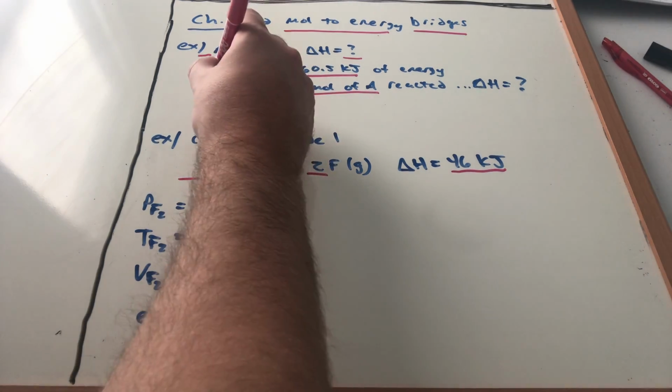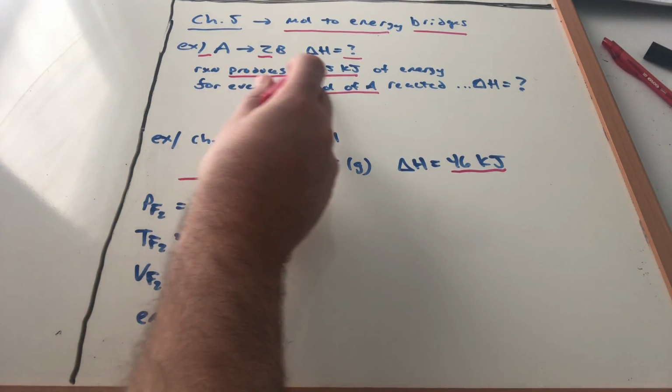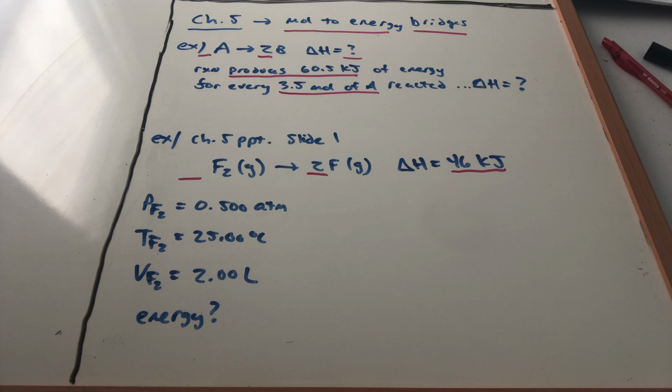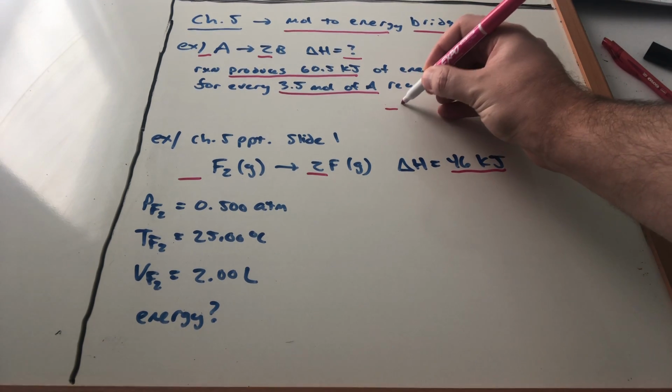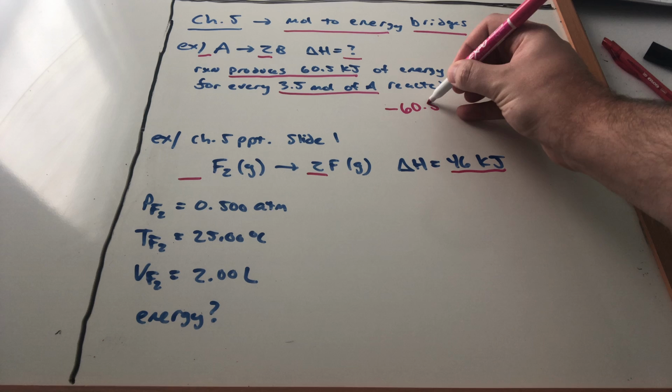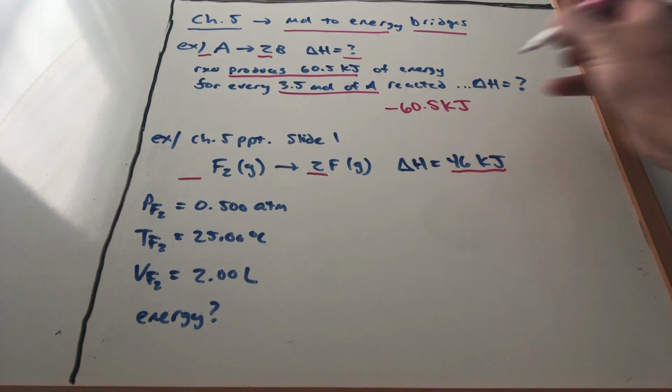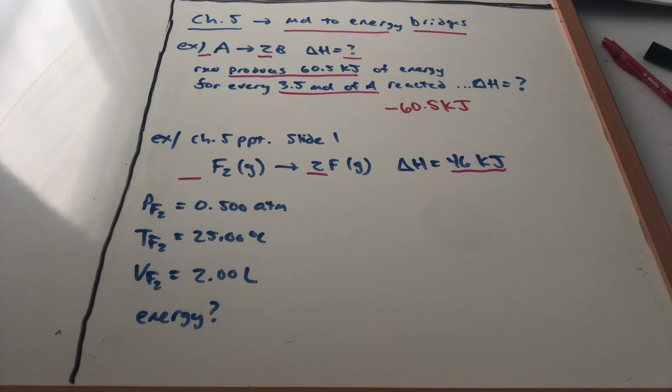So how we would handle this is we'd say, the reaction produces 60.5 kilojoules of energy. What does that word produce mean? That means it gives off that energy. If it gives off that energy, then we know that we should incorporate a negative sign to describe that energy. So you have to look out for keywords like this.